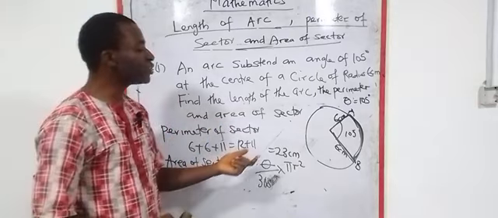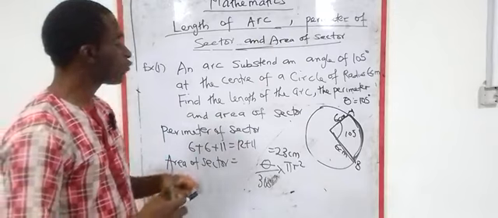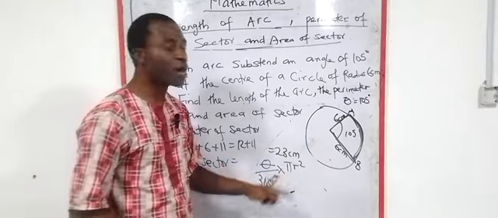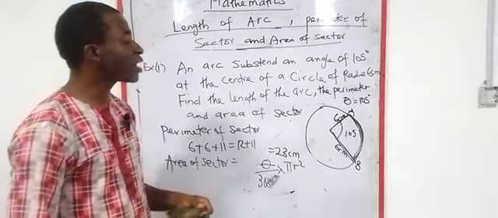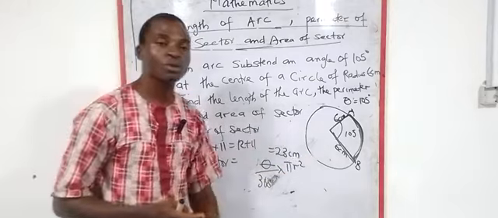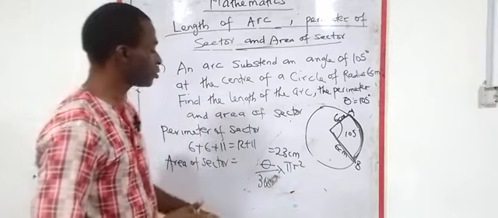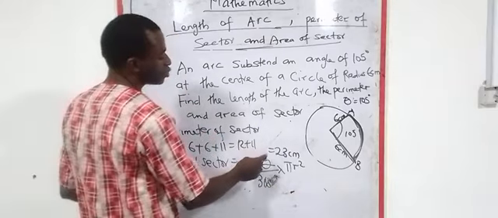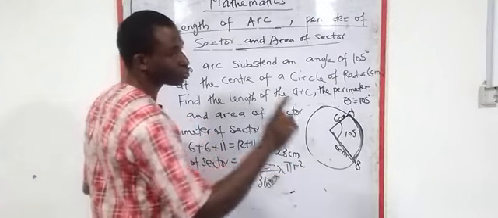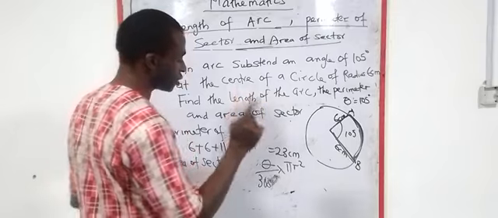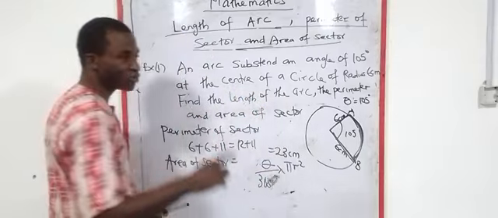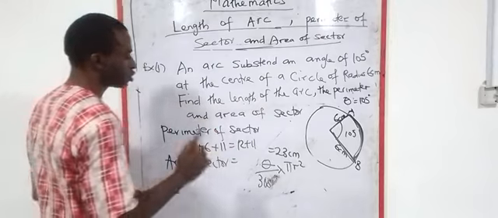Now we are deriving the area of the sector from the area of a circle. The area of a circle is pi r squared. For the fact that we are now cutting out a portion from the circle, which is the sector, as I have illustrated on the board, it's now theta over 360 times pi r squared, not 2 pi r. Pi r squared is different from 2 pi r. So take note of that.